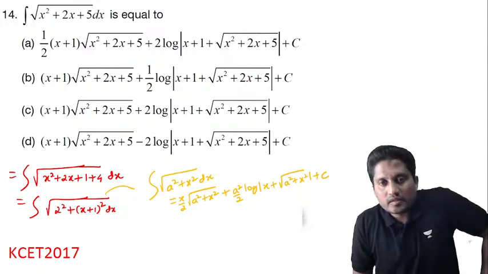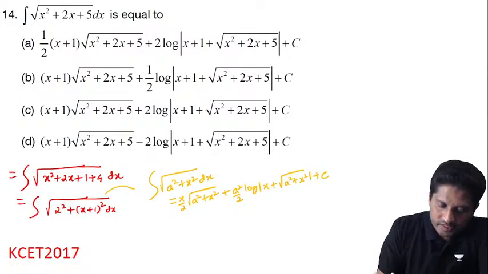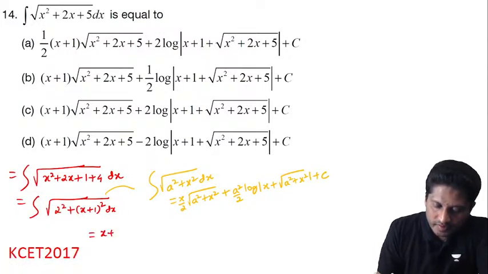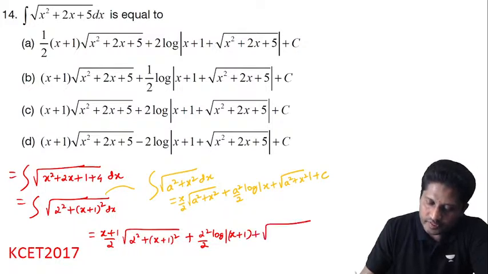That's the formula. If I use this formula, I can write x by 2, that is x plus 1 by 2, into root of a square plus x square, that is 2 square plus x plus 1 the whole square, plus a square by 2, that is 2 square by 2. Then you get log of x plus root of a square plus x square, that is 2 square plus 1 the whole square, plus c.